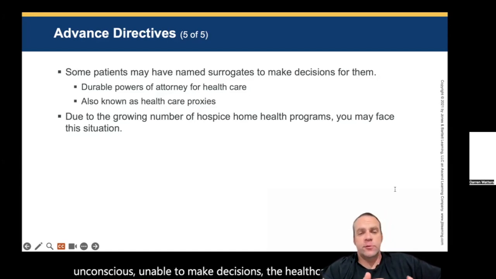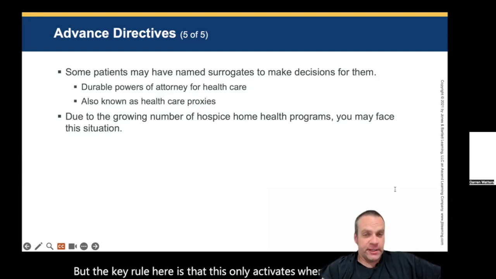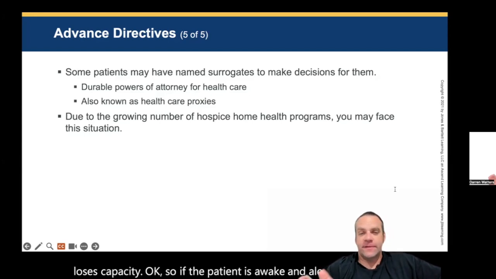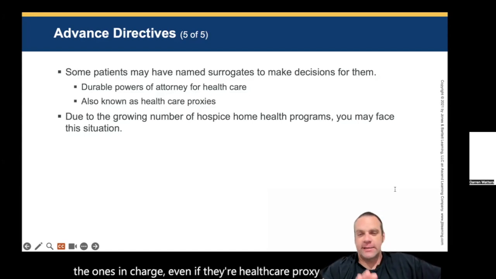But the key rule is that this only activates when the patient loses capacity. If the patient is awake and alert, they're still the ones in charge, even if their family or healthcare proxy says otherwise. These documents can vary widely, and not all powers of attorney allow for medical decisions.